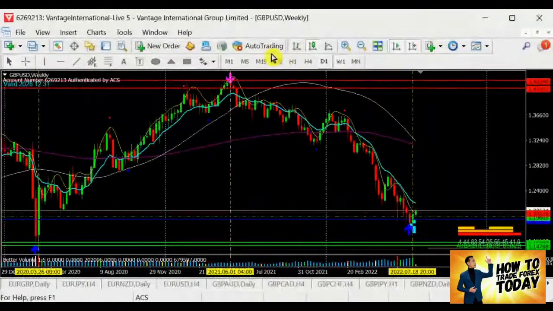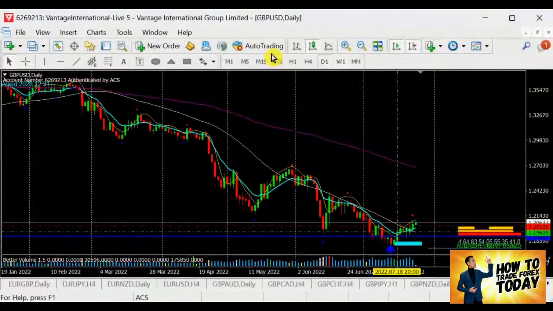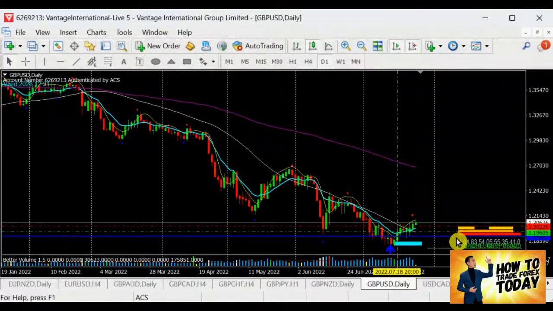We may need the second half of the week, maybe Thursday or Friday, to have a clearer picture. So I'm going to skip this. However, I will still monitor pound dollar.